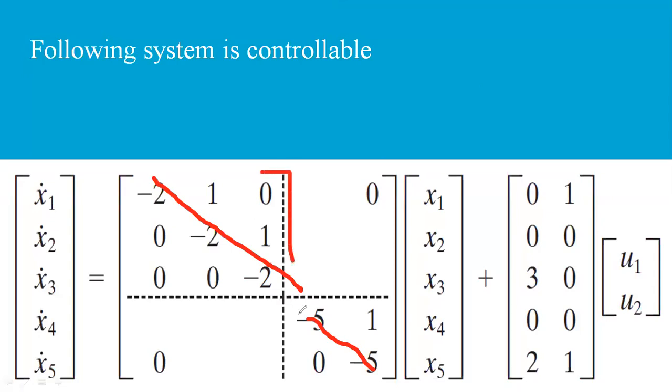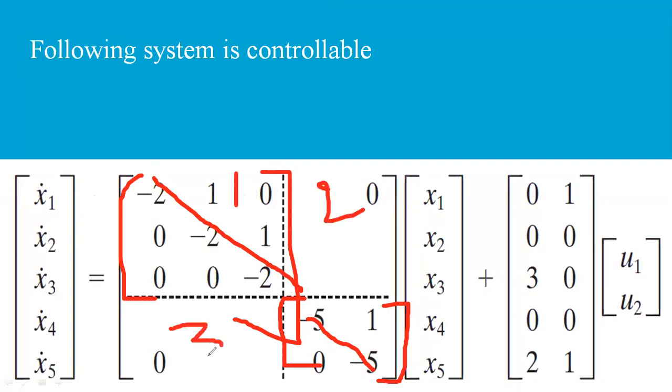This is one Jordan block, and this is another Jordan block. What I told you, we should consider all the Jordan blocks as single elements. So this is one element. All these zeros are the second element. This is the third element, and this is the fourth element.